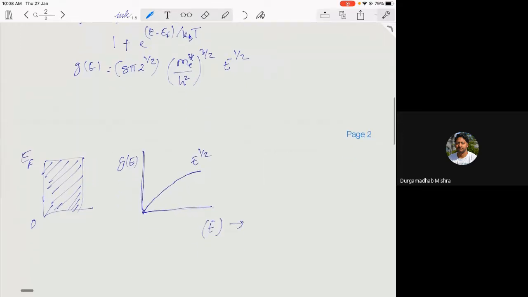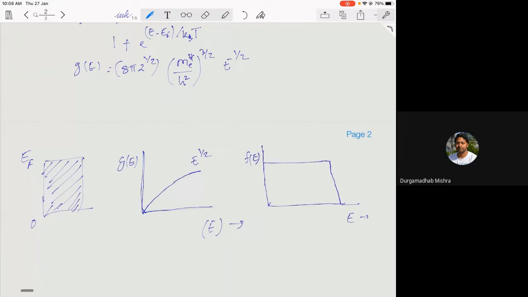Now, what is F of E? We said at T equal to 0, and now I'm plotting F of E as a function of E. At T equal to 0, it will be like this.